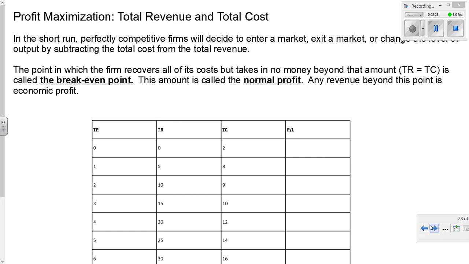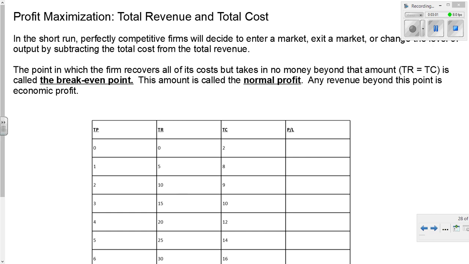The point, if you were to graph these lines, where total revenue and total cost are equal to each other, is the break-even point. At that point, all the money that they're taking in is considered normal profit. Normal profit is the amount of money you need to cover the cost of production. Any revenue beyond a normal profit is economic profit.